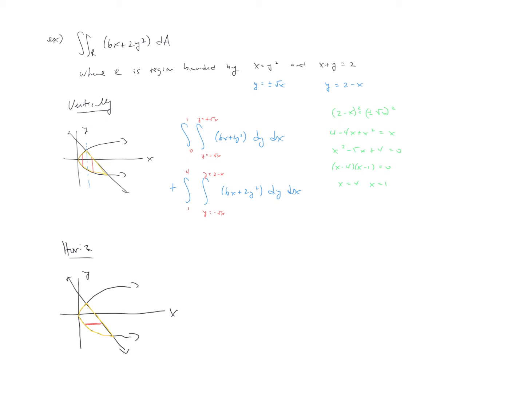So to see how this is going to need to be set up, we'll go ahead and put our double integral. We're going to have our function 6x plus 2y squared. And then we also know that since it's horizontal, it's going to be a dx dy. We want to finish with y because these are going to be constants. That also means this is going to be an x equals right there and an x equals right there.